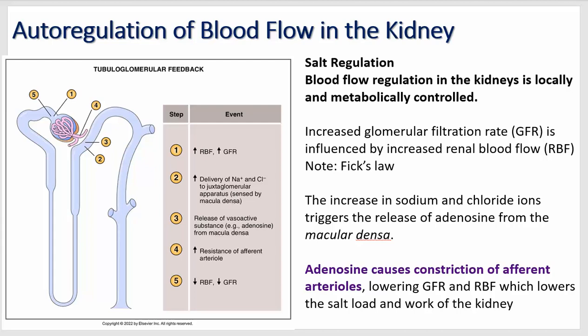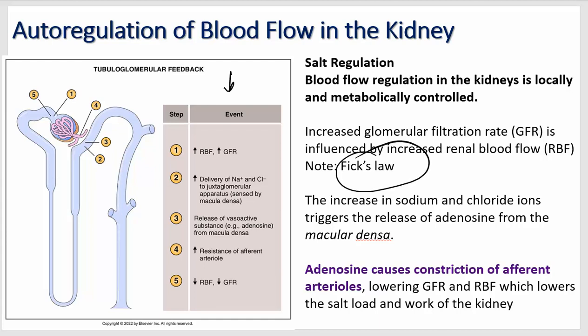So this is kind of explaining the same thing. Salt regulation and blood flow regulation in the kidneys is locally and metabolically controlled. I'm going to go through both of these concepts again. Increased glomerular filtration rate, GFR, is influenced by increased renal blood flow. RBF has a couple of meanings apparently. Renal blood flow is what's related to Fick's law.